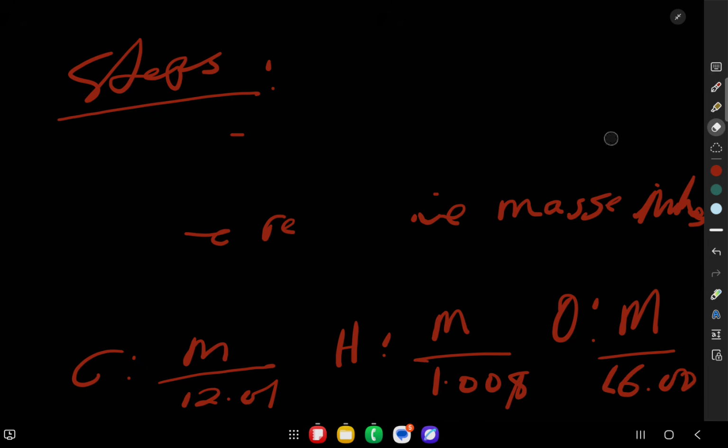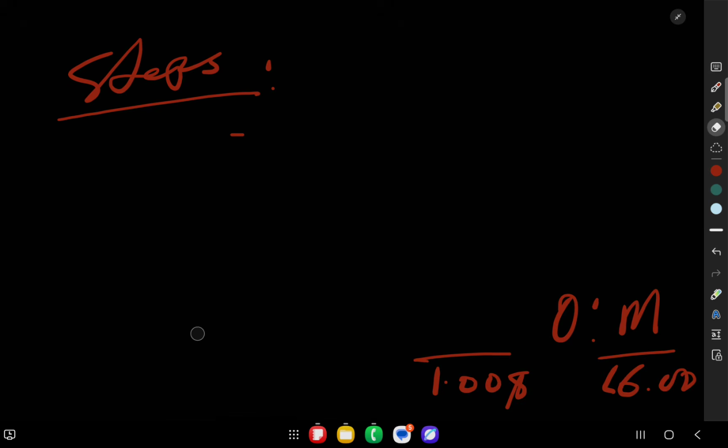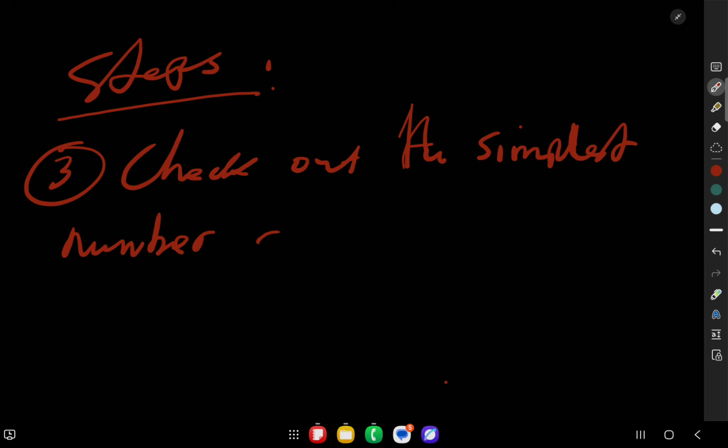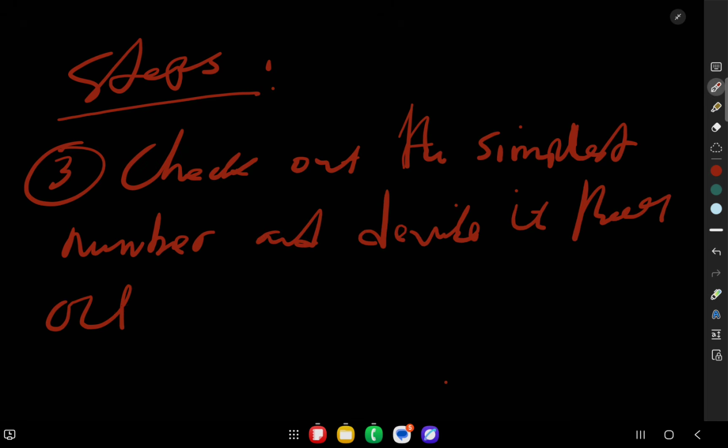The third step is you have to check out the smallest, or the simplest, number and divide it throughout.